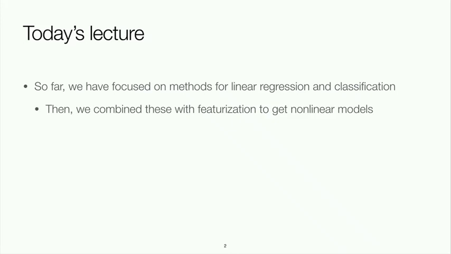But then what we did, at least in the last couple of weeks, is to combine these models with featureization, in particular kernelization and the kernel trick, in order to get nonlinear models. We take our features, pass them through some featureization, for example some particular kernel, to get nonlinear features, and then use a linear model on top of that.